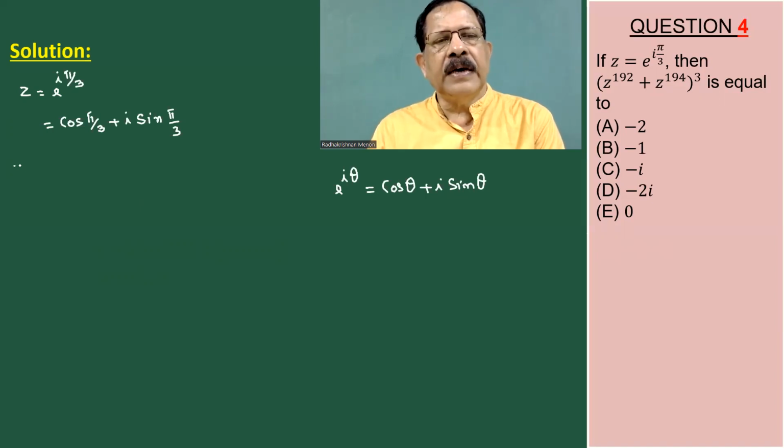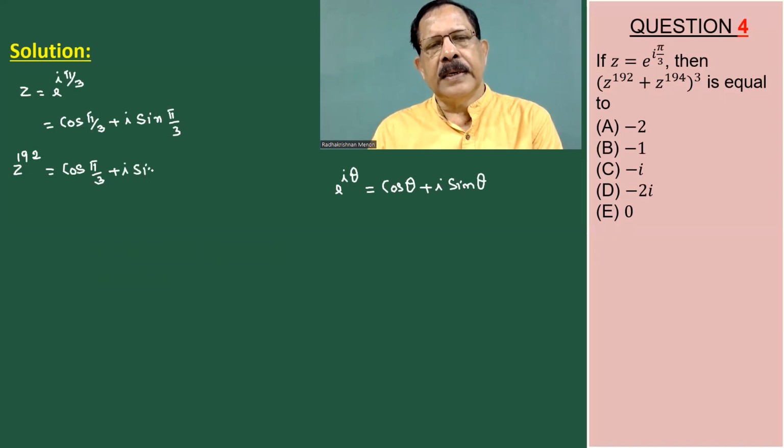Let us first find out z raised to 192, which is equal to (cos pi by 3 plus i sin pi by 3) whole raised to 192.